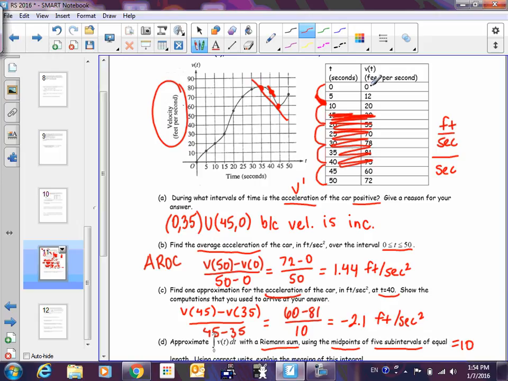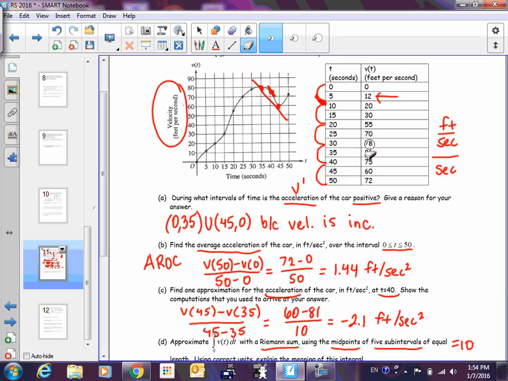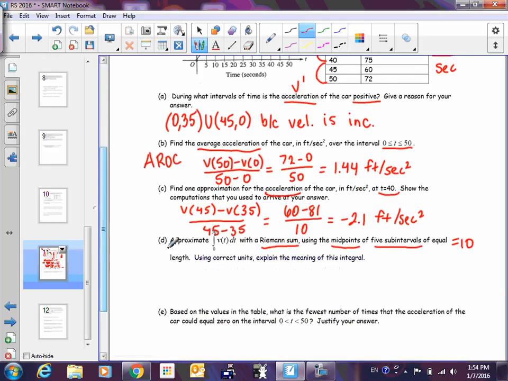Okay, this table is vertical, so it's kind of different, but you could think about what it would look like if it was a horizontal table. 0 would be the left, 20 would be the right, and 12 would be the midpoint. And that's what they're asking us to do. So my first rectangle is going to be 12 times the change in time, which is 10. That's how you do it without looking at the graph.